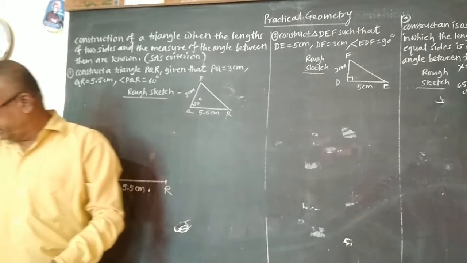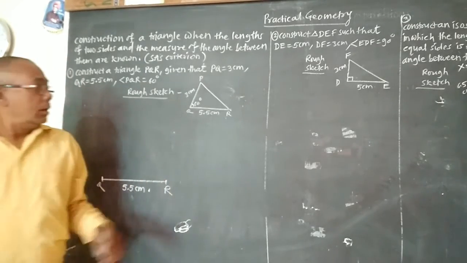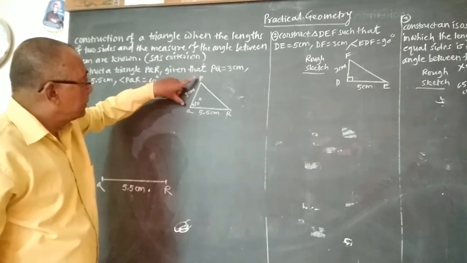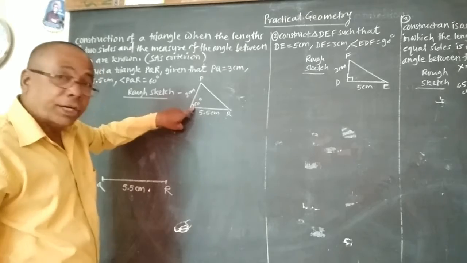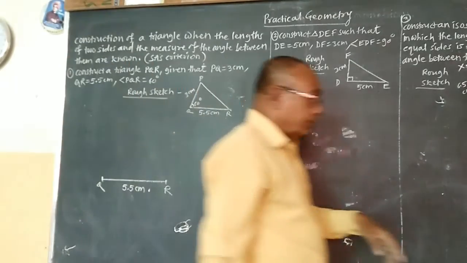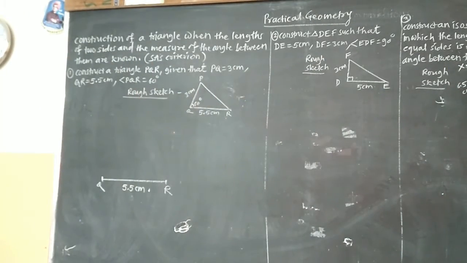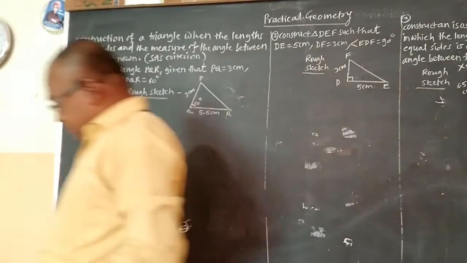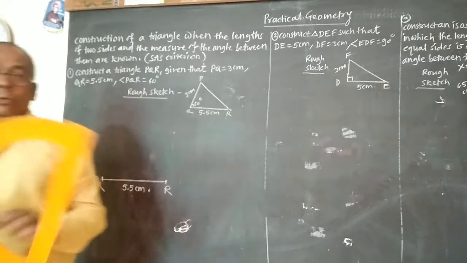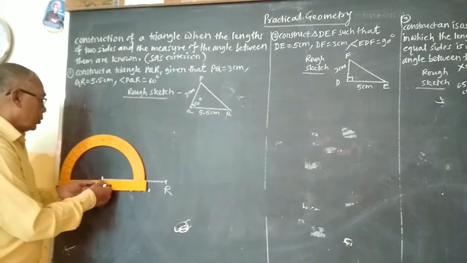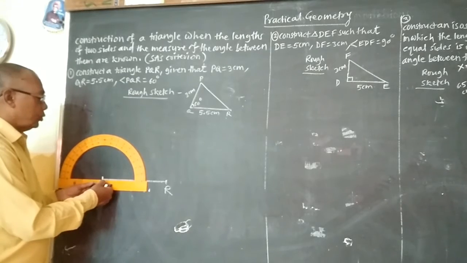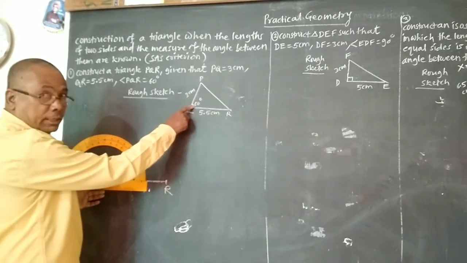And now we have to draw the angle 60 degree here by the protractor. We have to use protractor. Put the protractor at Q so that we can draw the angle 60 degrees.